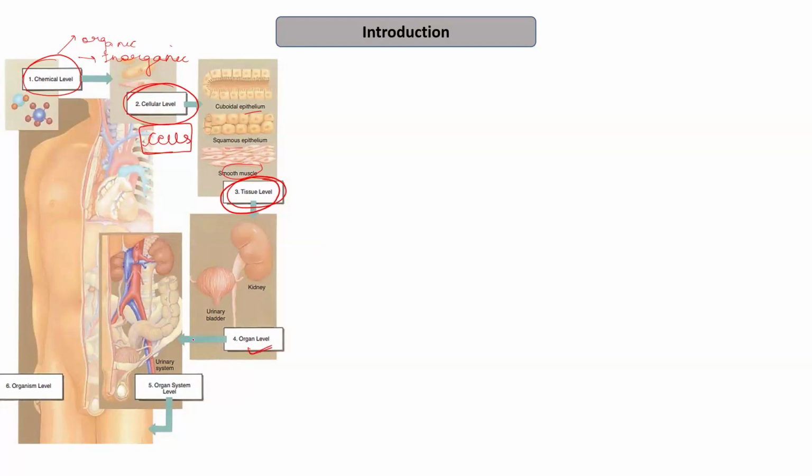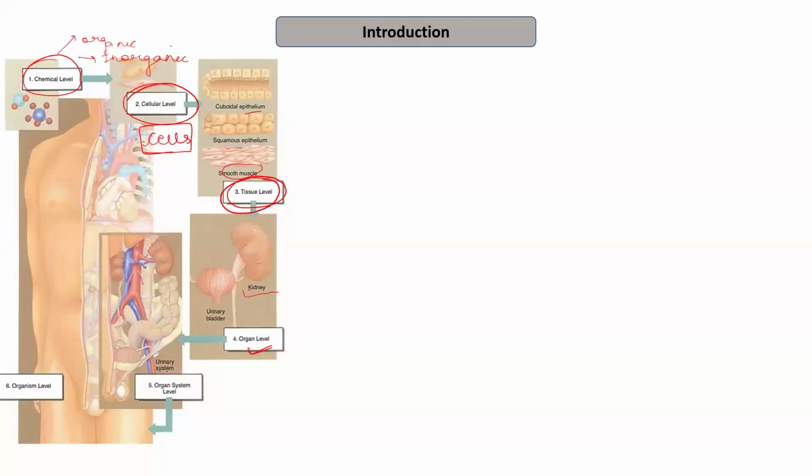Various tissues combine to form a particular organ that has a particular function. For example, the kidney has many roles. It has the function of reabsorption, it has the function of excretion, it helps in osmoregulation, etc. So it is made up of various tissues. It is not only composed of epithelial tissues, but is composed of various kinds of tissues.